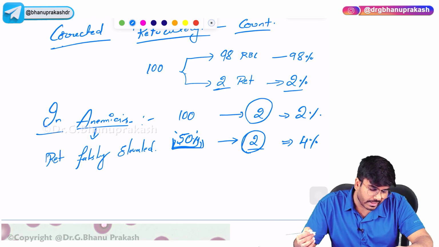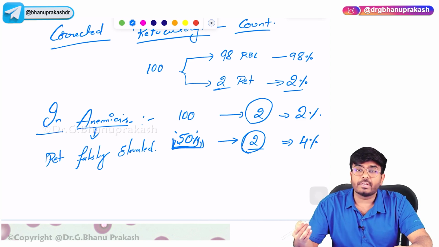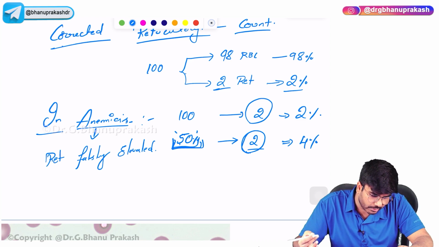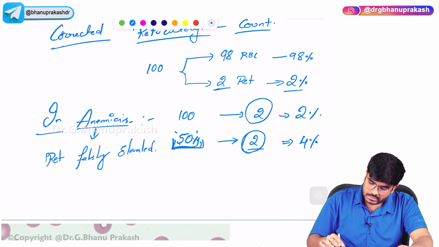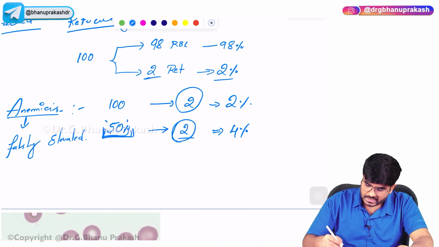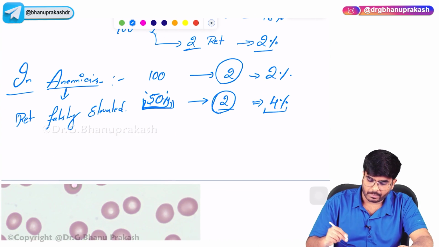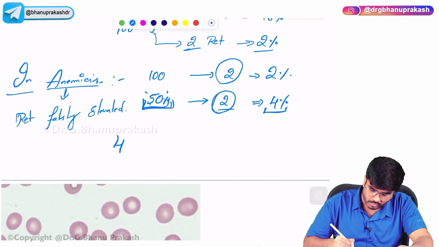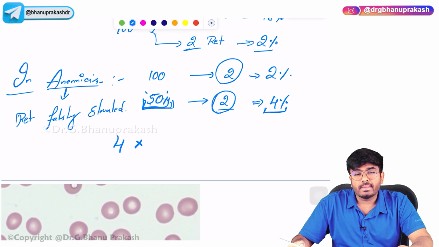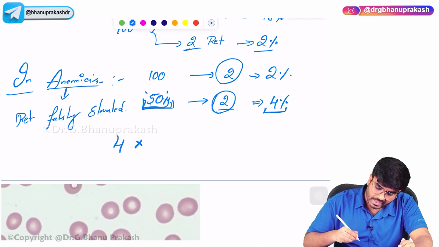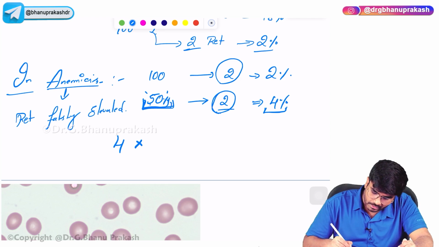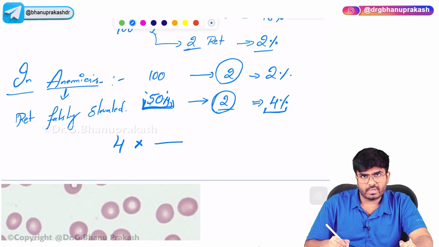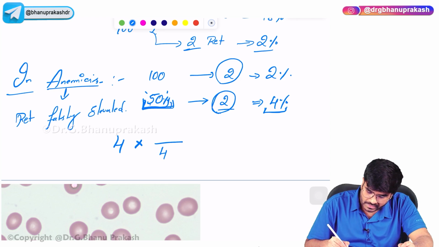So how can we correct the reticulocyte count? A person came to you and his reticulocyte count is 4%. Multiply 4 by the person's hematocrit divided by the normal hematocrit. The normal hematocrit is 45%.